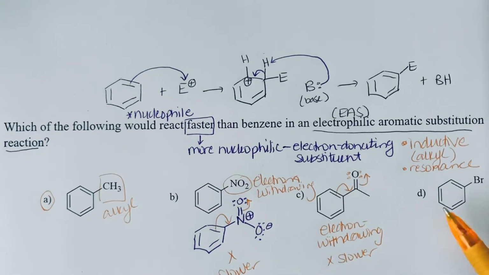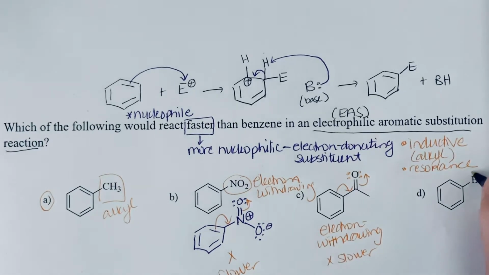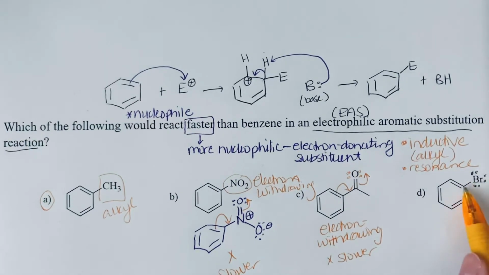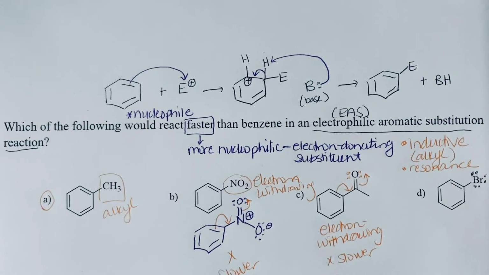And if we get to D, you do have lone pairs of electrons on your halogen, on bromine. However, you do not have good overlap between these electrons and the p orbitals of the ring. If you think of where bromine is on the periodic table, its outer shell of electrons is in so much larger of an orbital that you're not going to have effective resonance.